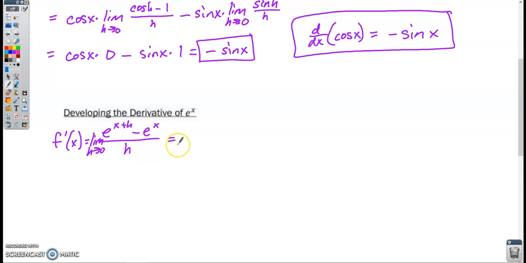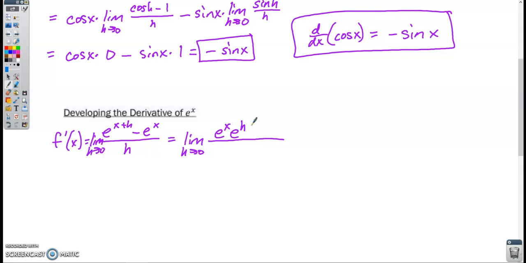And then, let's see, how can I simplify this? Exponent properties. e to the x plus h is equal to e to the x times e to the h. Now we normally use our exponent properties in the other direction, but this is a very helpful way to use this property.